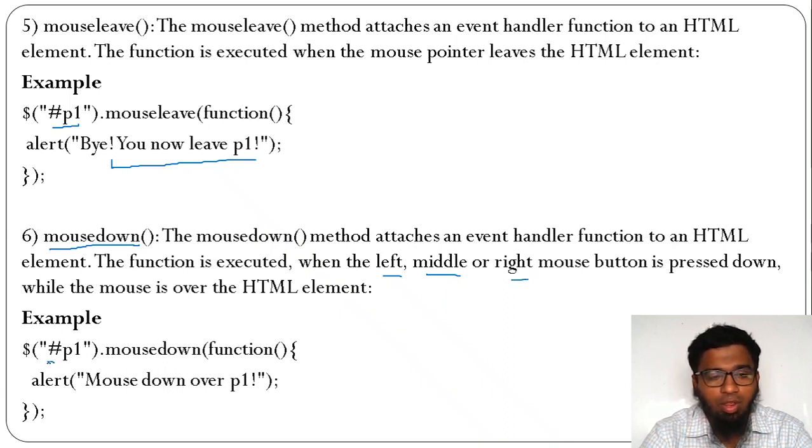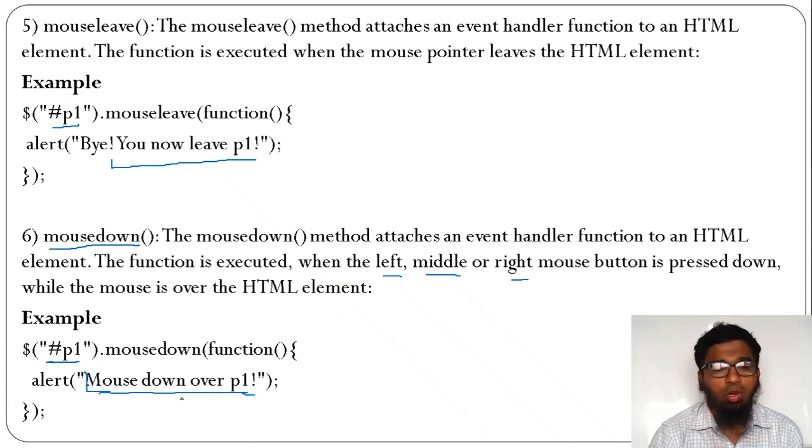Here my selector is the ID P1 dot mouse down, you can give any name here. In the mouse down function, you will get the alert message, mouse down over P1. You can write anything in this, it will display on the screen. Whatever action you are performing, if you write the related information in the alert box, it will be displayed on the main screen.